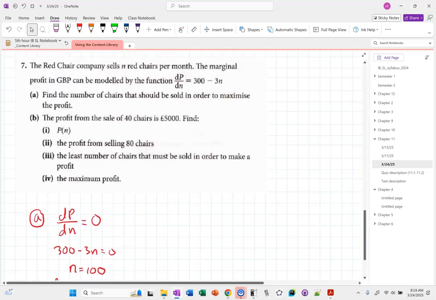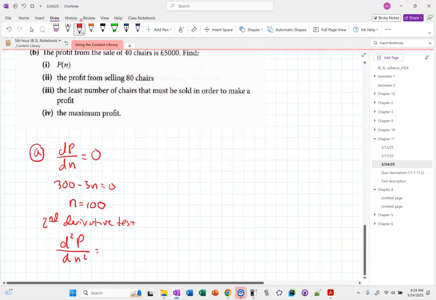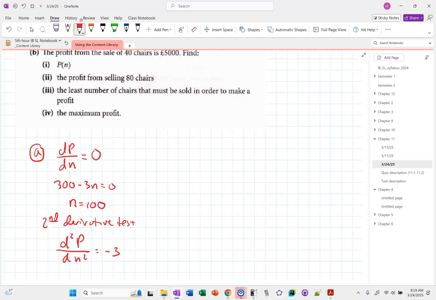So the derivative of 300 minus 3n is just negative 3, correct? Since that's less than 0 when n is equal to 100, in fact, it's less than 0 for all n, I know that this is a maximum.